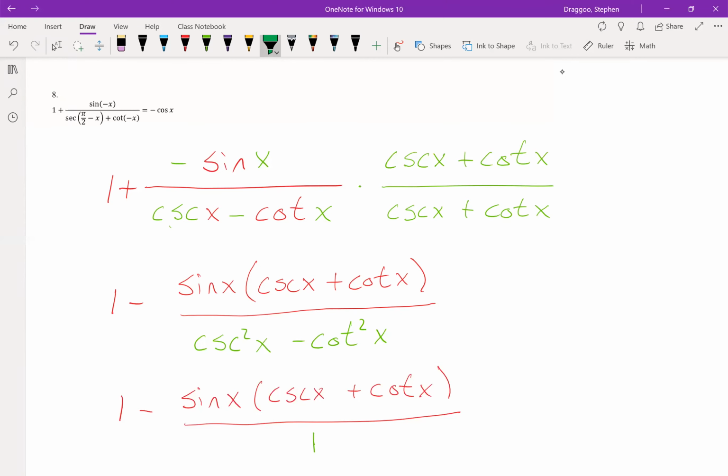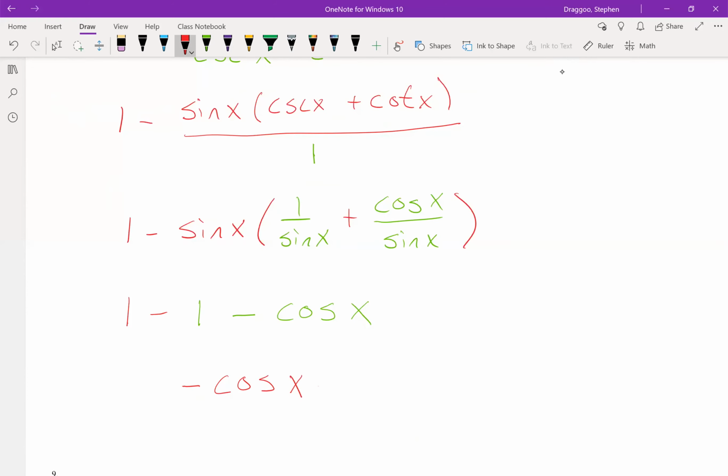Now that denominator of cosecant squared minus cotangent squared is an identity. In fact, it's one of the Pythagorean identities. I know that that's just equal to 1. Now that I've gotten rid of my denominator, I'm going to change everything to sines and cosines. So cosecant x becomes 1 over sine x. Cotangent x becomes cosine x over sine x.